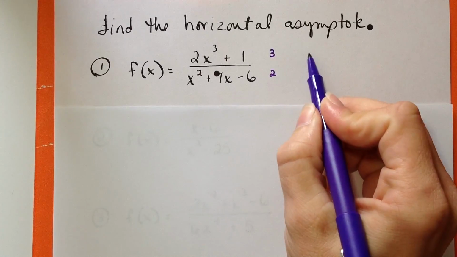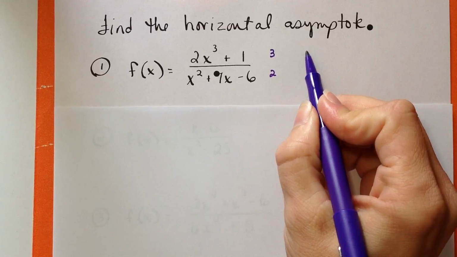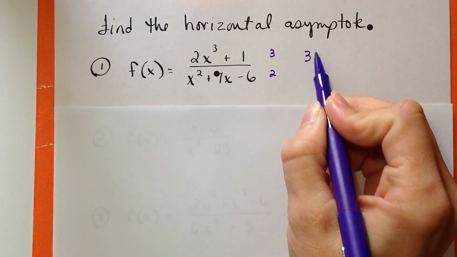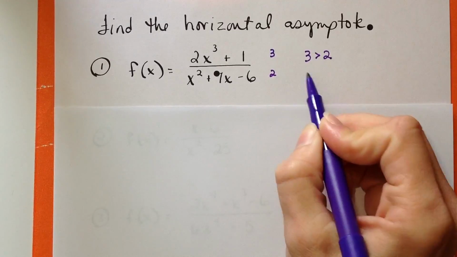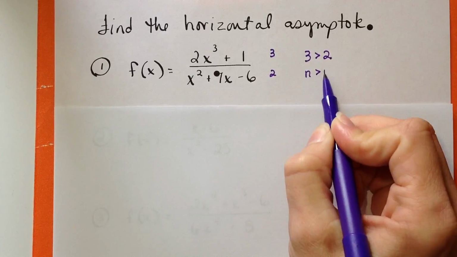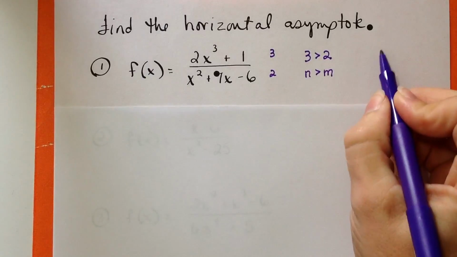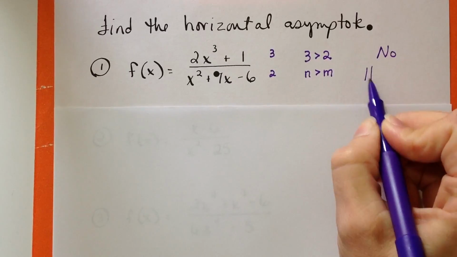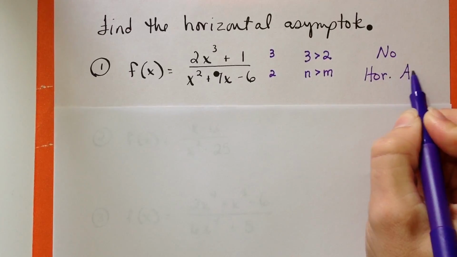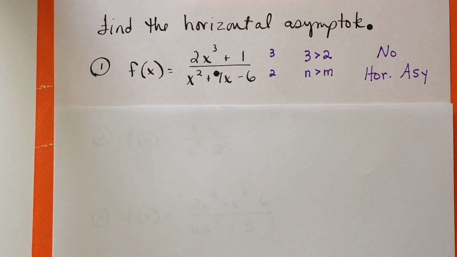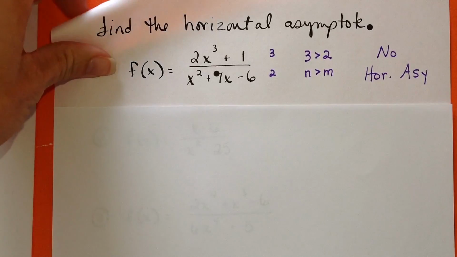So the situation that I have here is the greater than, because I would have 3 is greater than 2, so that would be the N is greater than the M. So going back to those three rules, that's actually that third situation in which you have no horizontal asymptote. So just like you don't always have to have a vertical asymptote, you don't always have to have a horizontal. Okay, next one.